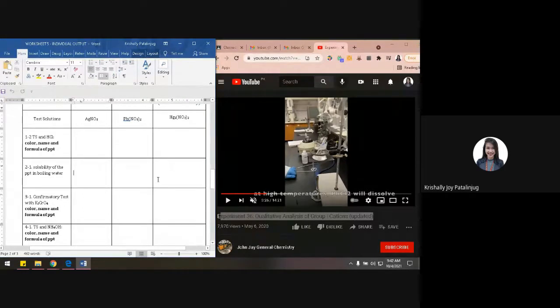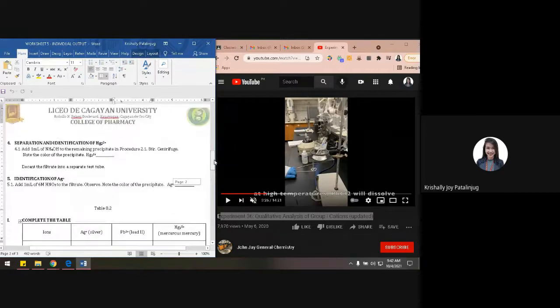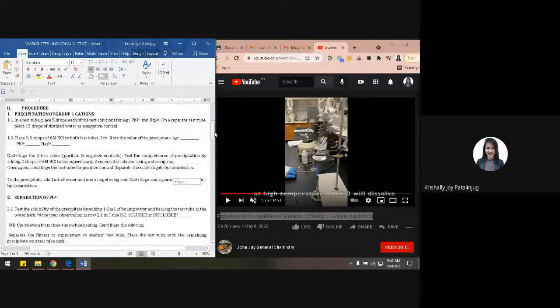For the rest, negative man yung result, so you simply write the opposite. So kapag lead chloride will dissolve, is it soluble or insoluble? So you know already. Sige, next.